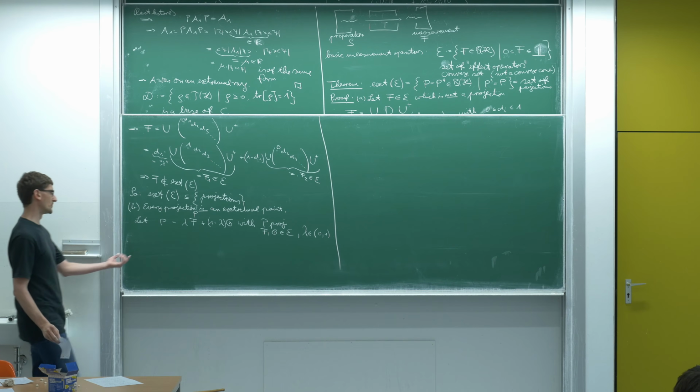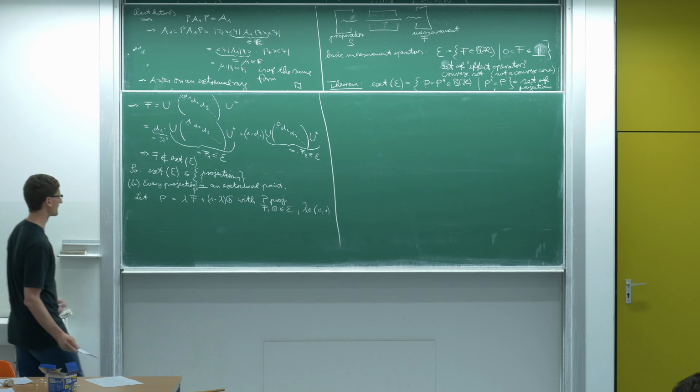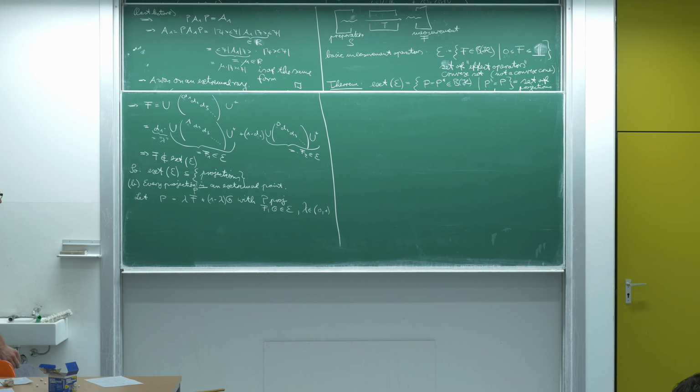So given such a decomposition, we now have to show that F is in fact equal to this projection. Why is this the case?